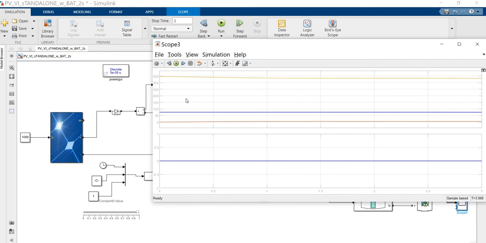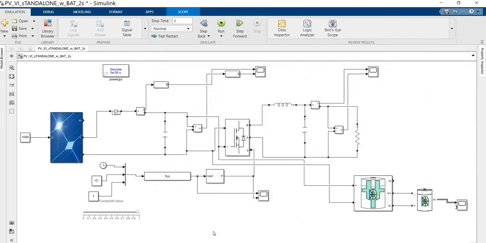At the same time, the charge controller maintains the 350 voltage, and the DC and other things are maintained in the proper manner. This entire system is called the PV standalone system. PV is connected, then the charge controller, this is the battery, then the inverter, this is the LC filter concept, then the output load is connected.